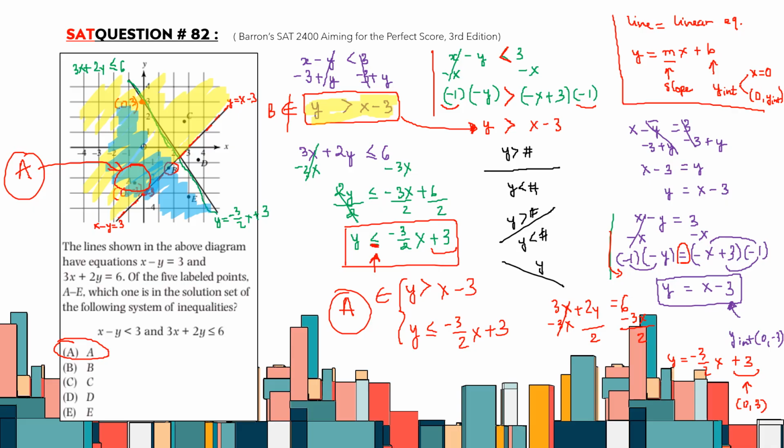Or like this, y greater than a number, y less than something, right? So we have three cases. If horizontal, we already know it's above and below, easy, but making sure we're familiar with how it looks when we have the slope positive and the slope negative. Okay.